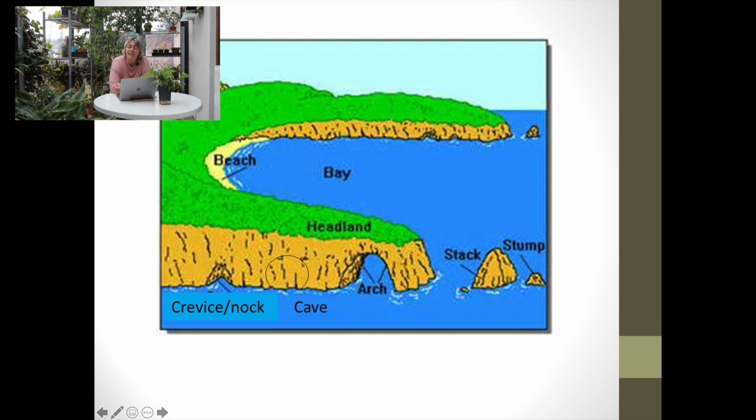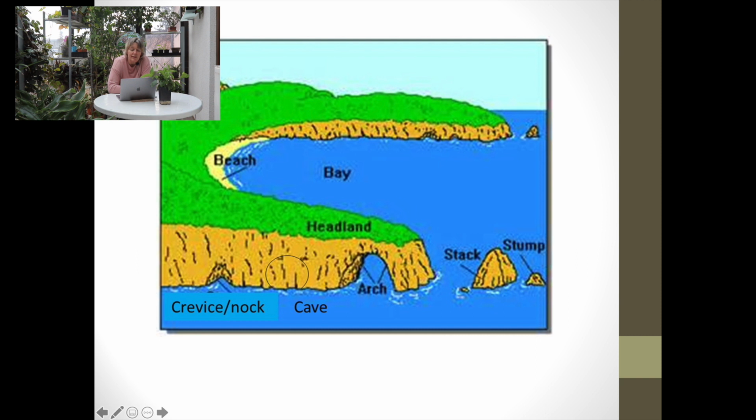As you can see in a little moment, there are very many terms that are similar, so it's just a question of size usually, like what is a stack and what is a stump. A stack is larger than a stump. It's kind of solitary rock in the water next to the shore, but otherwise it's just a question of size.